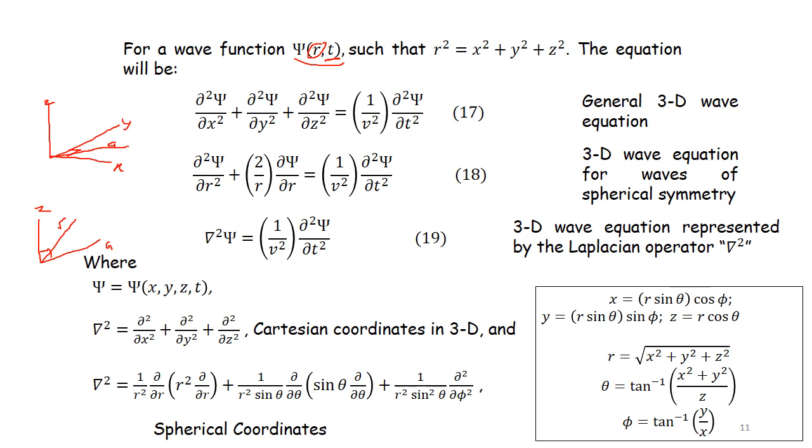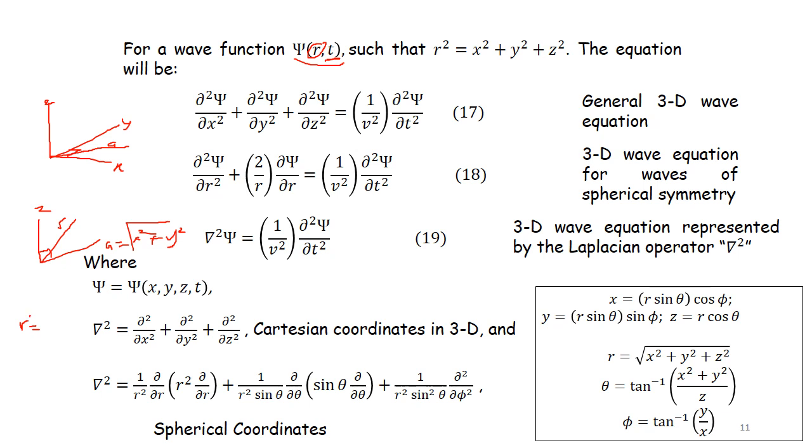So if we put a here to be the square root of x squared plus y squared, then you can now get your r, which will be what?